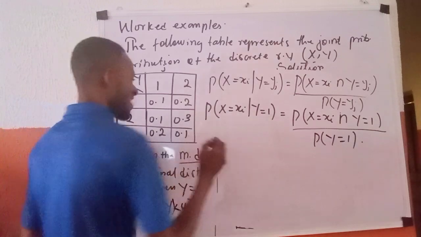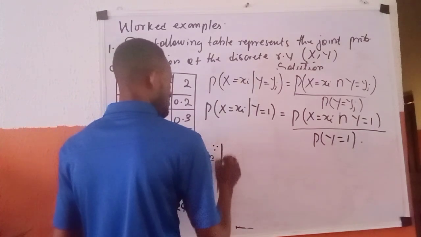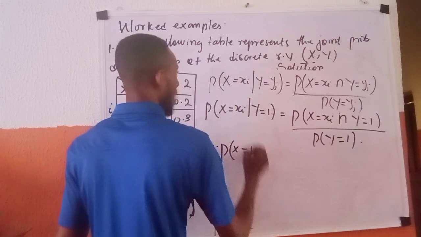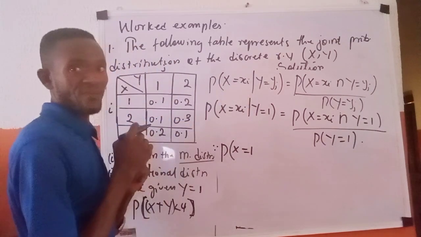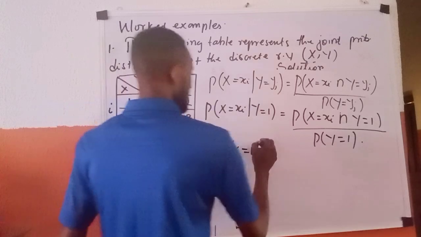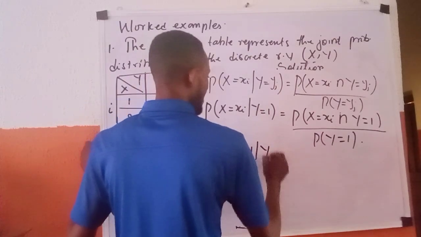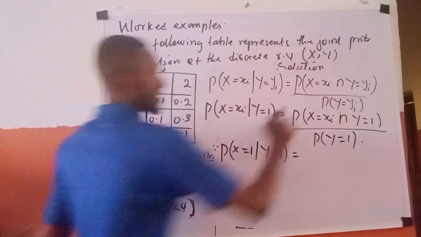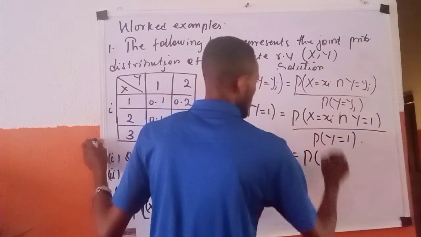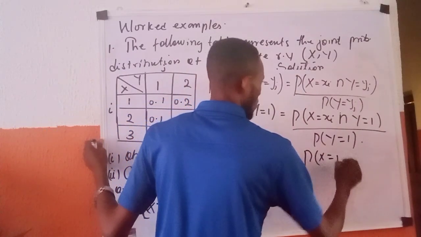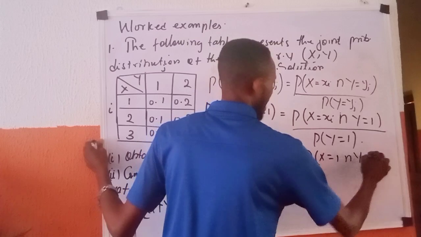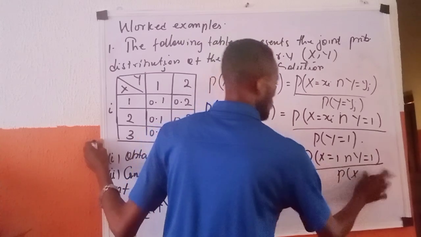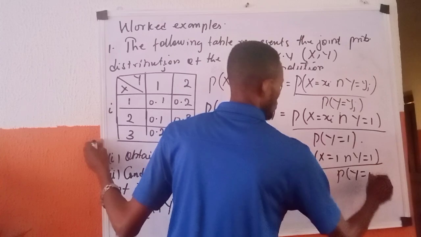So I will now say, therefore, P of X equals 1, given that Y equals 1, is now going to be P of X equals 1, intersection Y equals 1, all over P of Y equals 1.